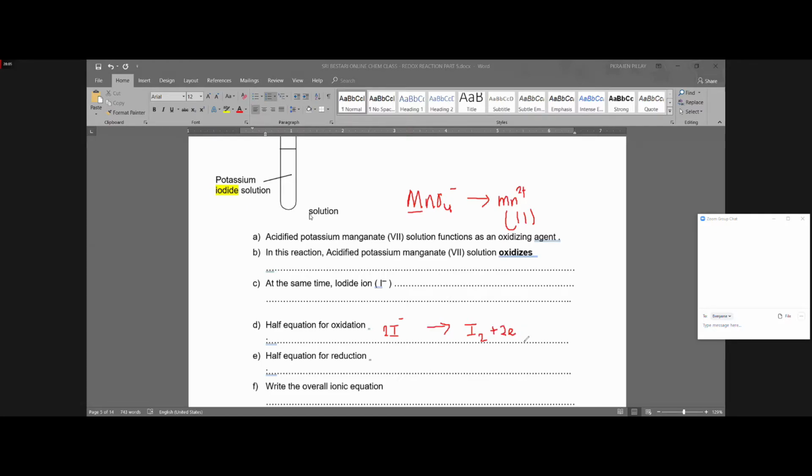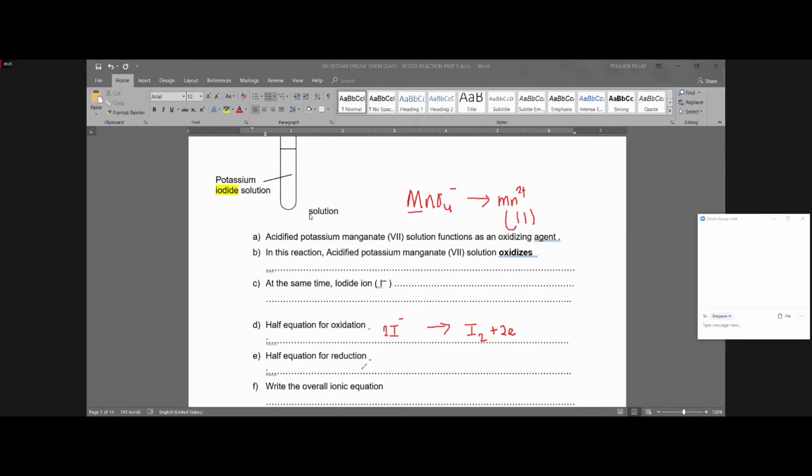Then this one, I told you, when it involves MnO4 minus, it's acidified, so there's a special half equation. Did I show you how to change this to the Mn2 plus half equation, the reduction?